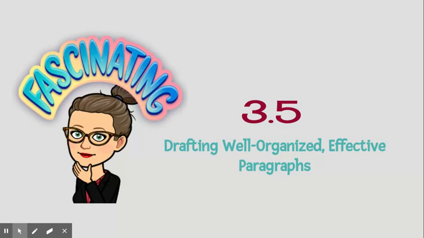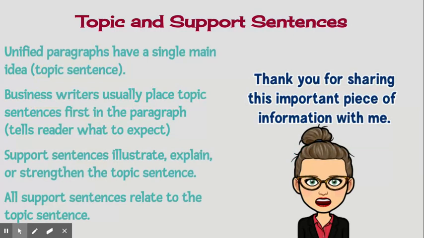Remember that good business writers develop well-organized paragraphs by focusing on a single main idea. The sentences in the paragraphs cohere or stick together by using transitional expressions. Paragraphs contain topic as well as support sentences. A paragraph is unified when it develops a single main idea in the form of a topic sentence.